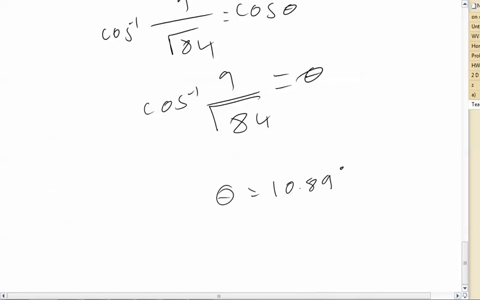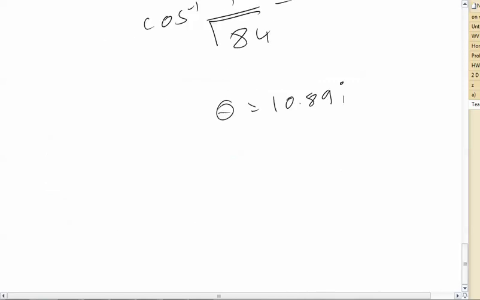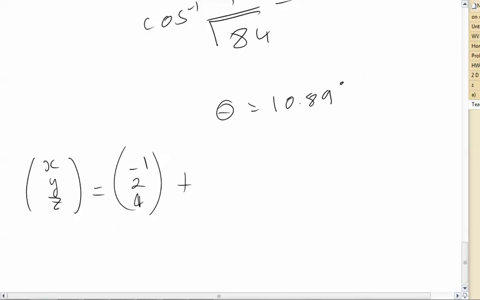Alright, for part B, the first thing we do is we write the information that we got into vector form, which is vector x, y, z equals negative 1, 2, 4 plus 2, negative 1, 2 times t.